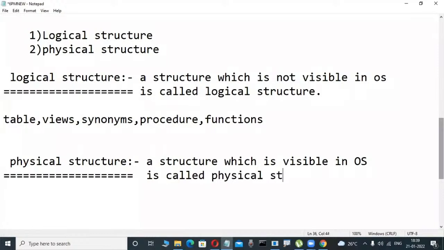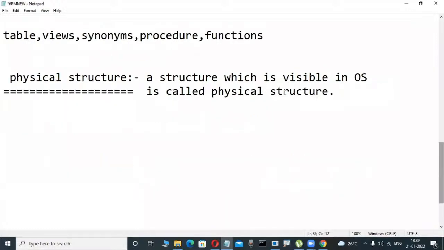Who are the persons working in this physical structure? It's a big concept. I'm telling only the definition side, because today I'll tell you which definition of database is correct. A structure which is visible in the operating system is called a physical structure.